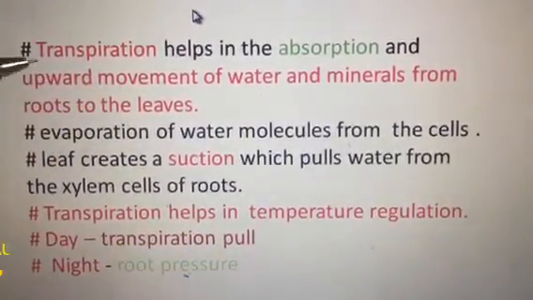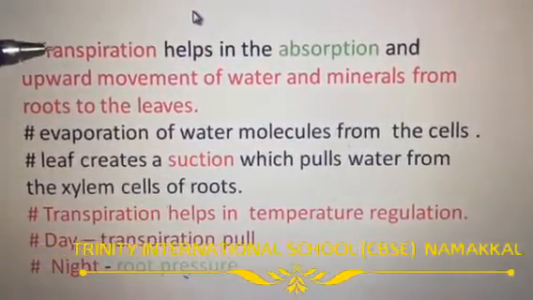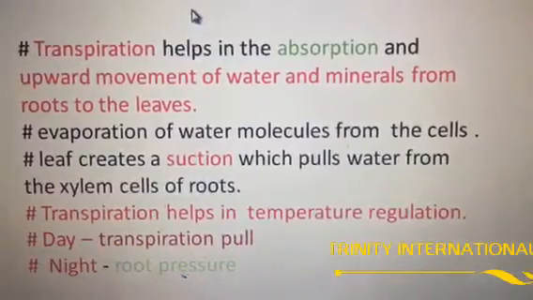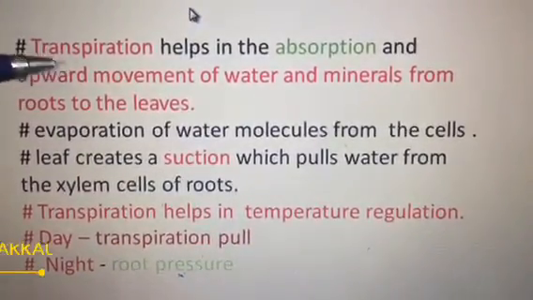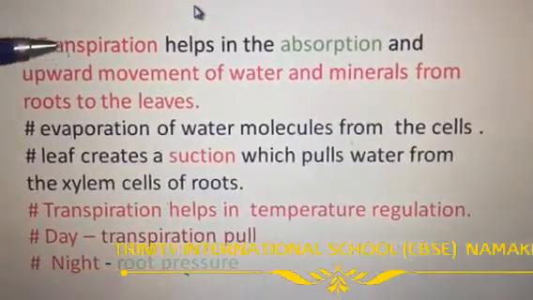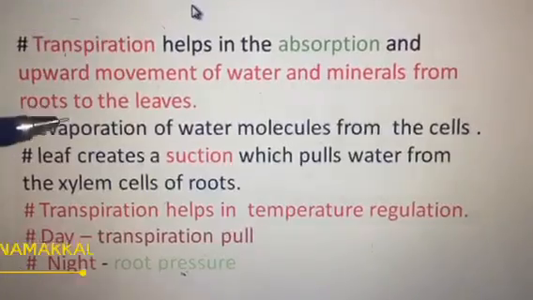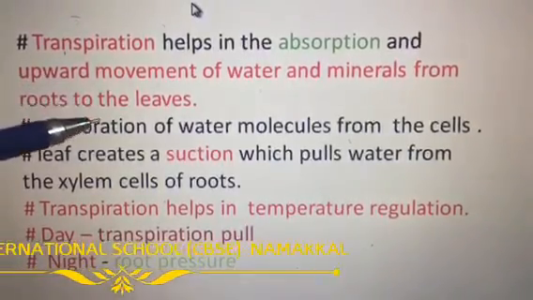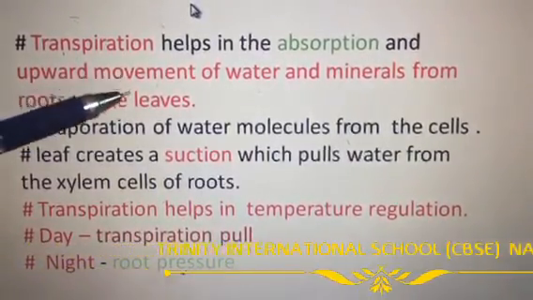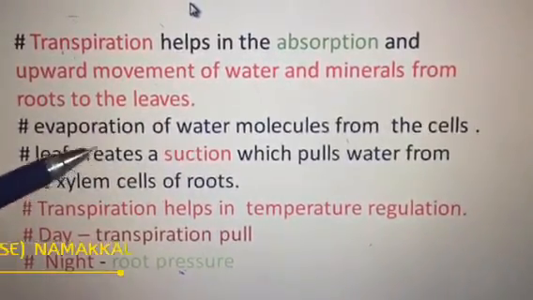For that, transpiration is helping. What is transpiration? The removal of excess water as water vapor through the stomata is called transpiration. So transpiration also helps in the absorption or movement of water from root to leaves.